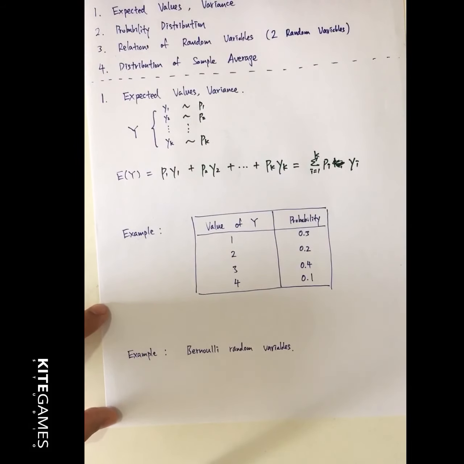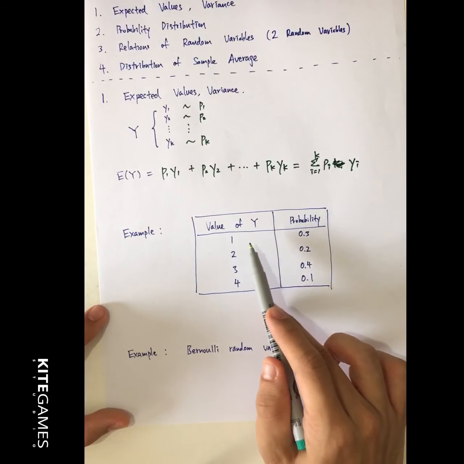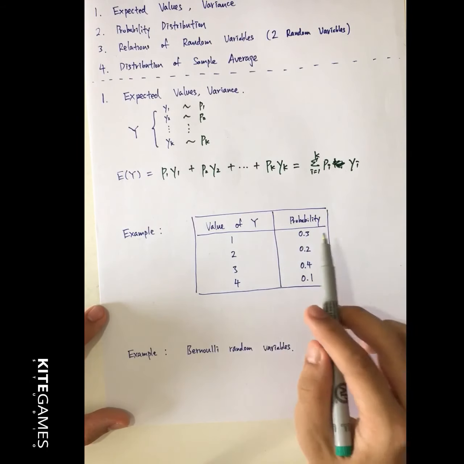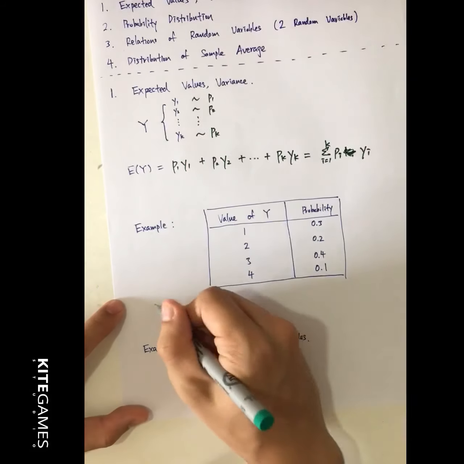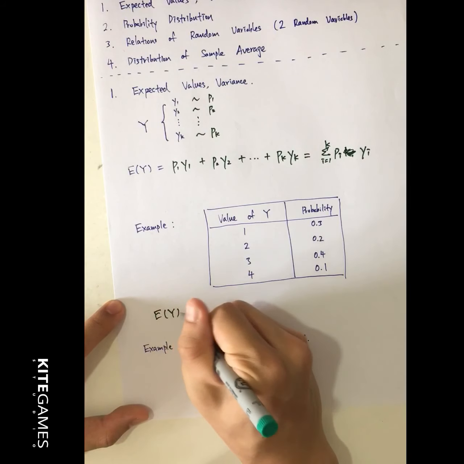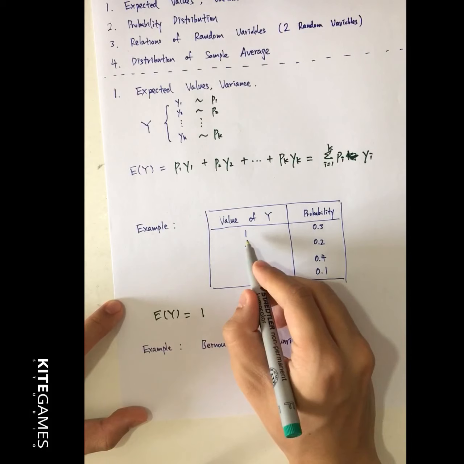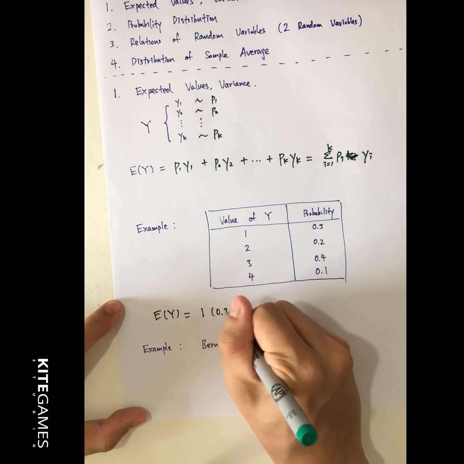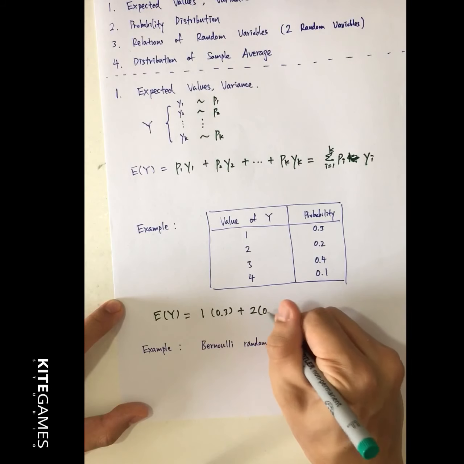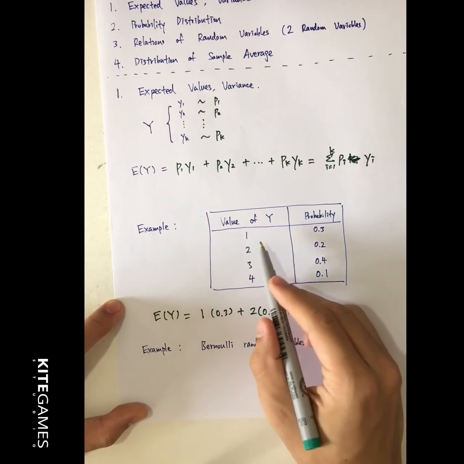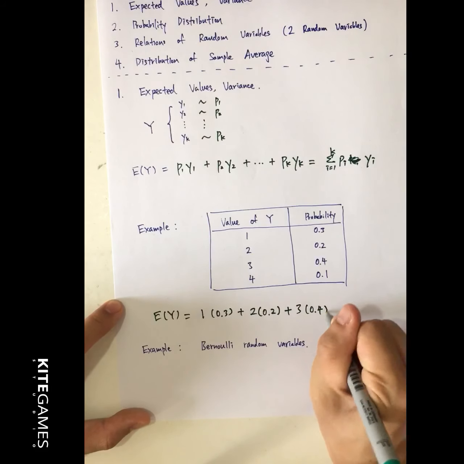So let's take a look at an example. Say the value of y can take 4 values, 1, 2, 3, and 4, with probabilities 30%, 20%, 40%, and 10%. So the expected value of y is simply equal to 1 times the probability 0.3, plus 2 times the probability 0.2, plus 3 times the probability 0.4.